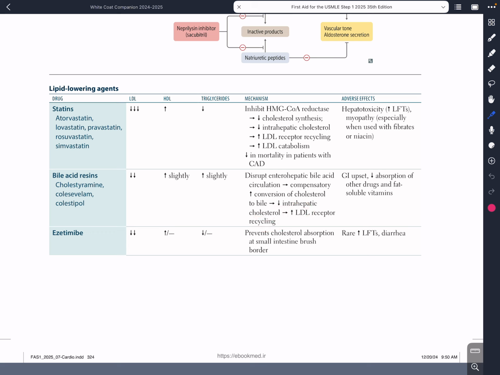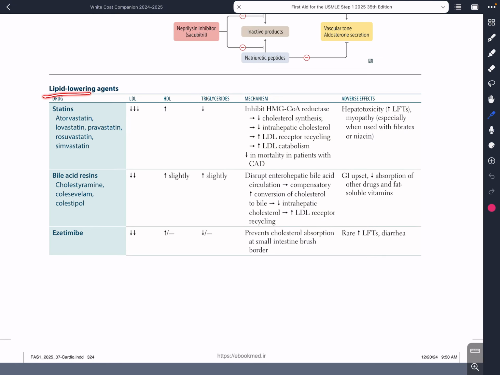An adverse effect of bile acid resins is GI upset, because they decrease absorption of other drugs and fat soluble vitamins. Fat soluble vitamins are A, D, E, K. You can experience vitamin A, D, E, and K deficiency if you take bile acid resins regularly, and you can also experience generalized GI upset like abdominal pain.